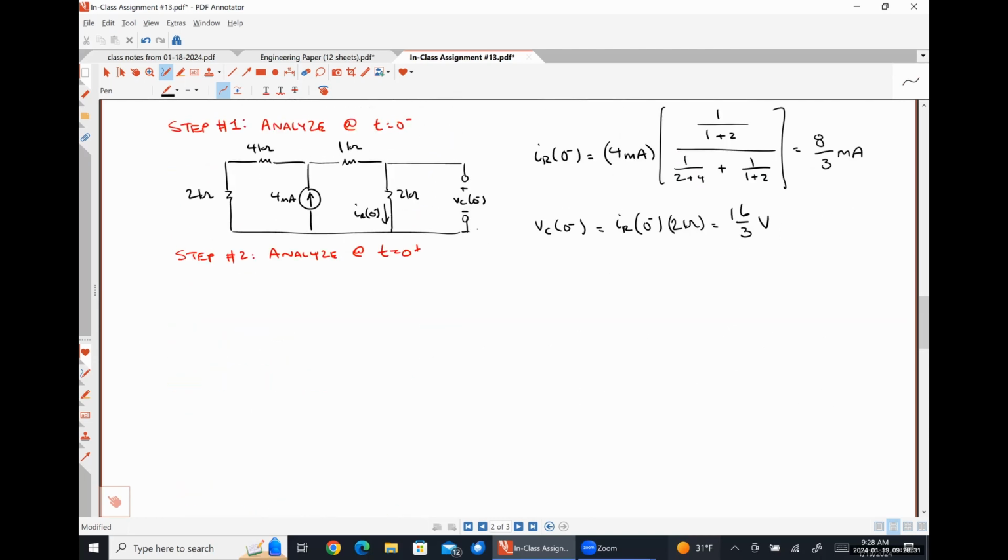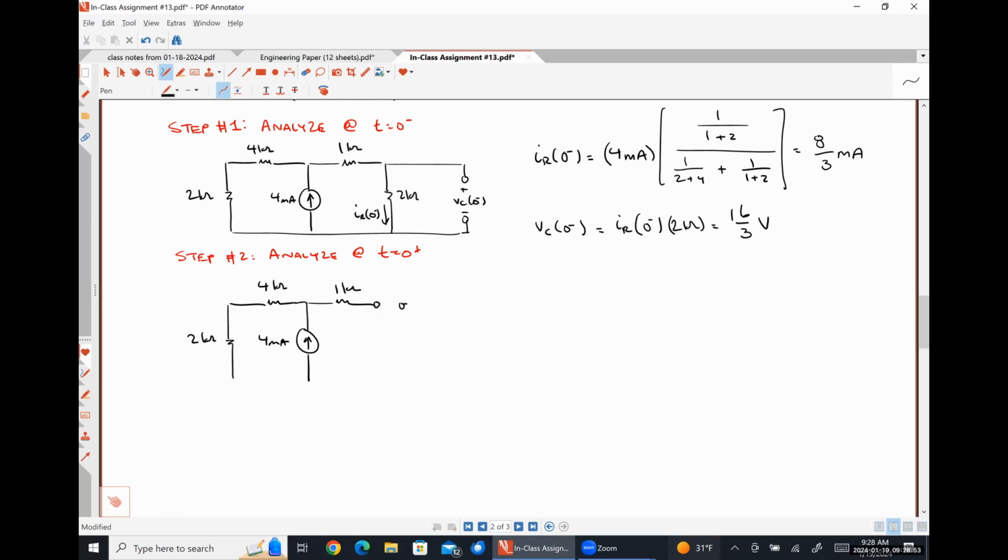With my switch opened up, effectively, I have this network over here, 2 kilo ohms in series with 4 kilo ohms, 4 milliamps, 1 kilo ohm open circuit, 2 kilo ohms through which I'm trying to find IR at 0 plus. And then over here on the right is my capacitor.